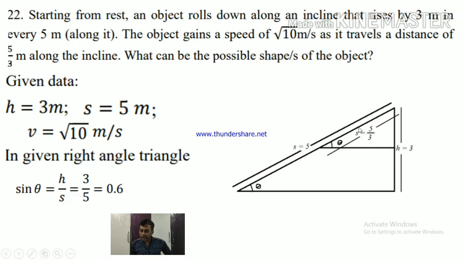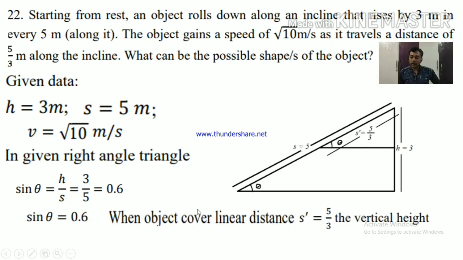S dash is 5 by 3, but this height h dash is not given, and it is determined here by using the linear distance s dash equal to 5 by 3, the vertical height h dash can be found by using sin theta in the small triangle.